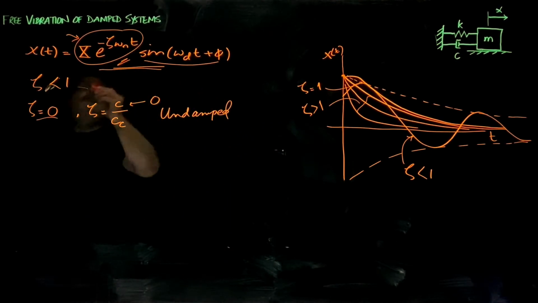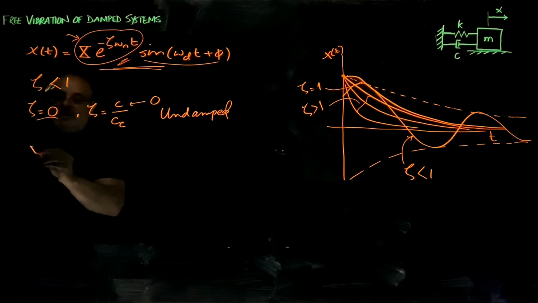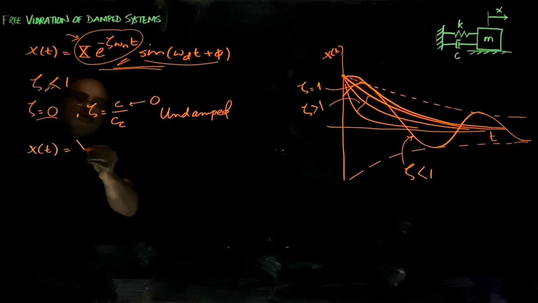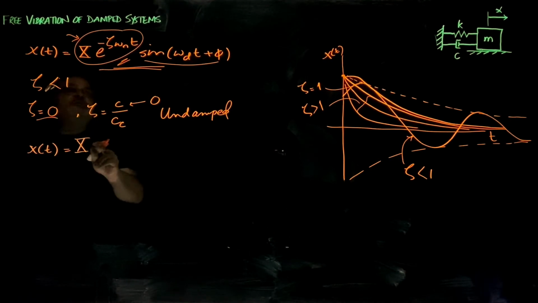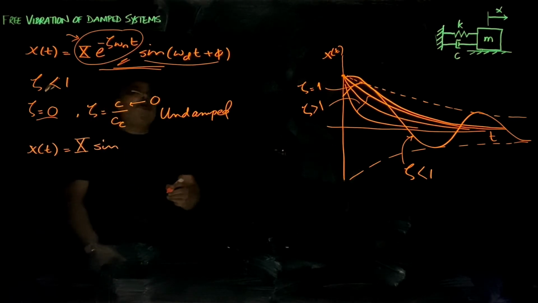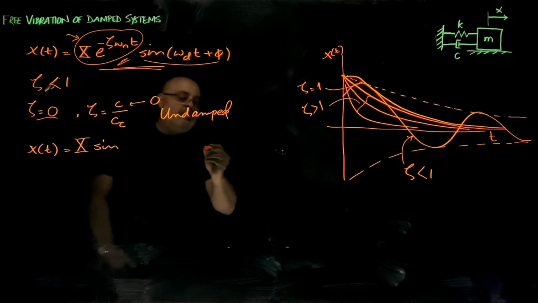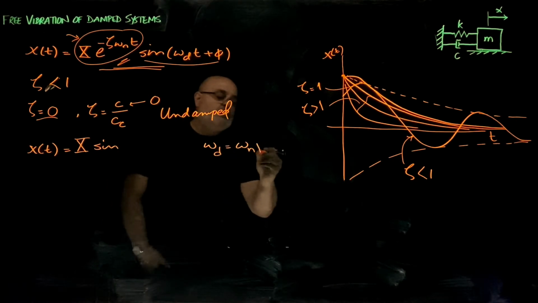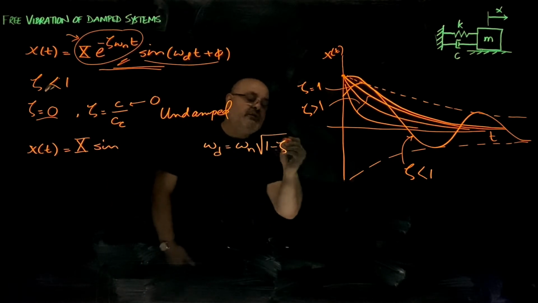E to the power 0 is 1, so I will have x times 1 sine. When zeta is 0, we call that omega d is omega n square root of 1 minus zeta squared.